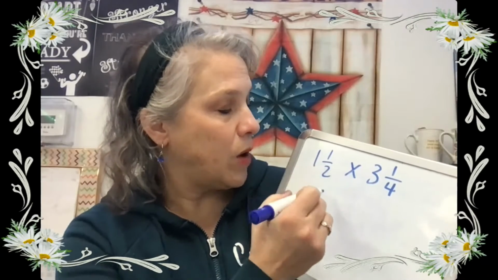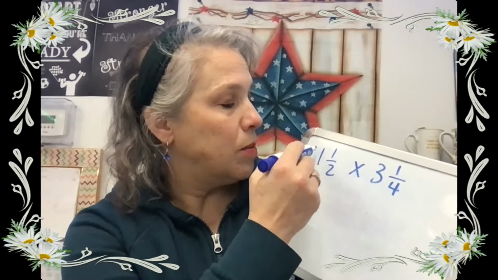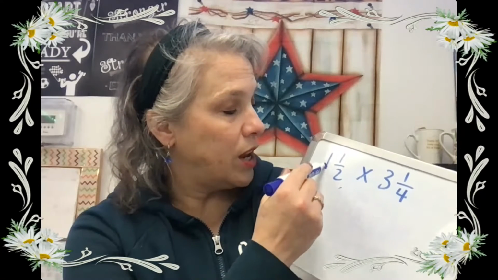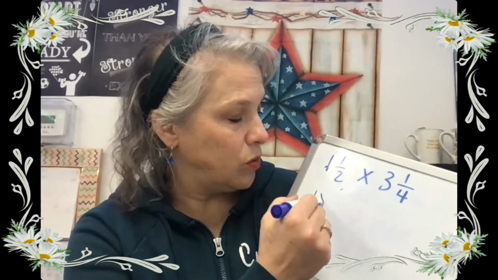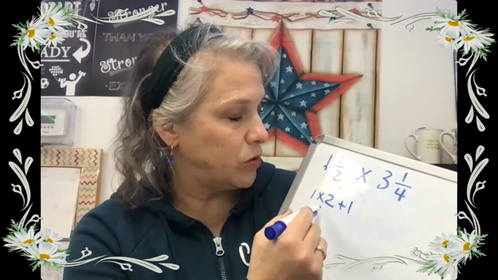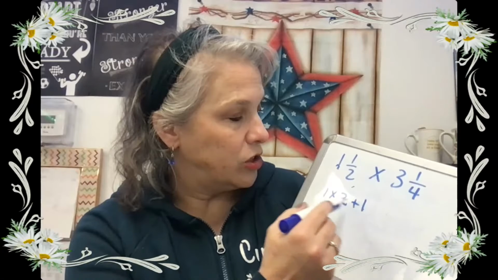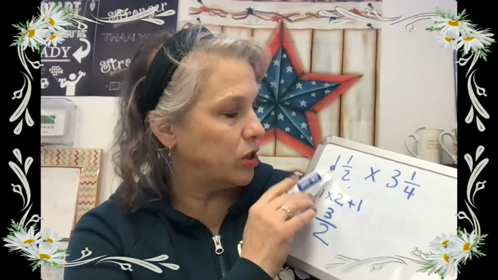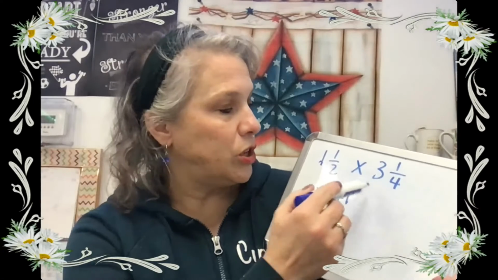And how I do that is I'm going to multiply my whole number times the denominator. So 1 times 2, and then I'm going to add my numerator. So 1 times 2 is 2, plus 1 is 3. So this is equal to 3 over 2.